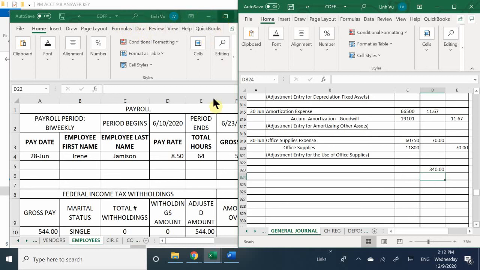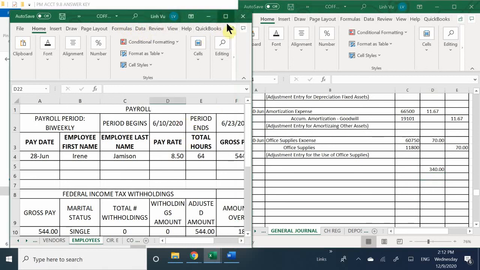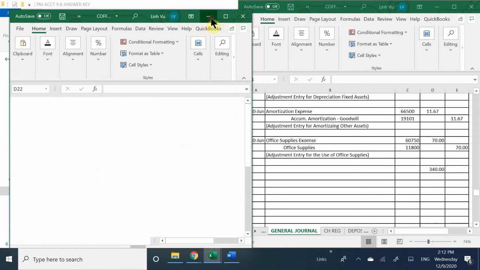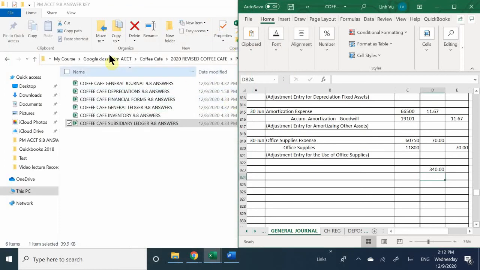Okay, I'm not paying her yet. That's how much I'm going to owe her. So what account am I going to use to recognize this? Let's see here. Well, if it's not payroll expense, it's going to be the salaries and wages expense.